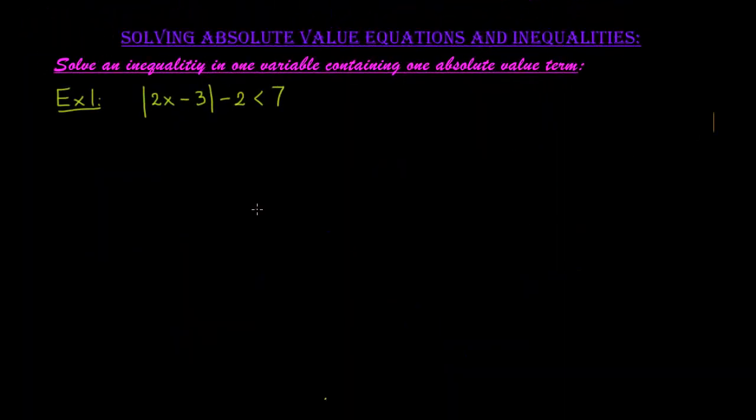So let's go over example 1. We have absolute value of 2x minus 3, minus 2, less than 7. Before we solve this problem, there are two notes we should write down.